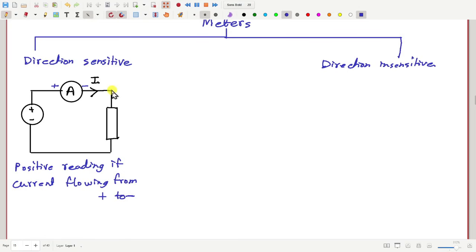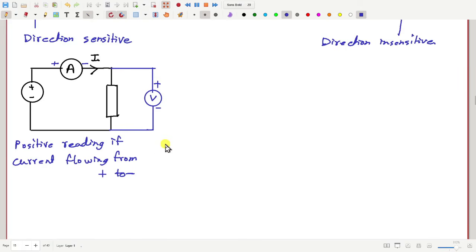For a voltmeter, this can also be direction sensitive, so it will also have two terminals marked plus and minus.